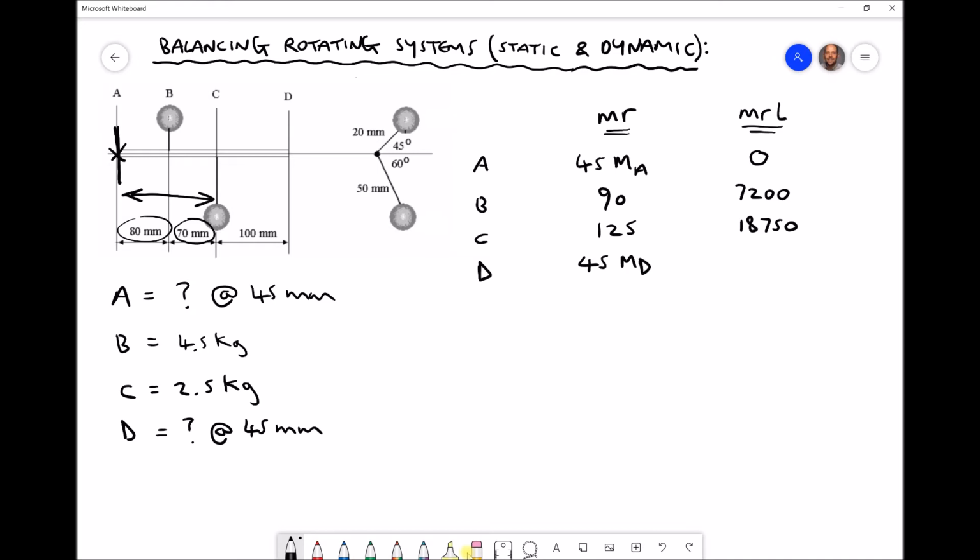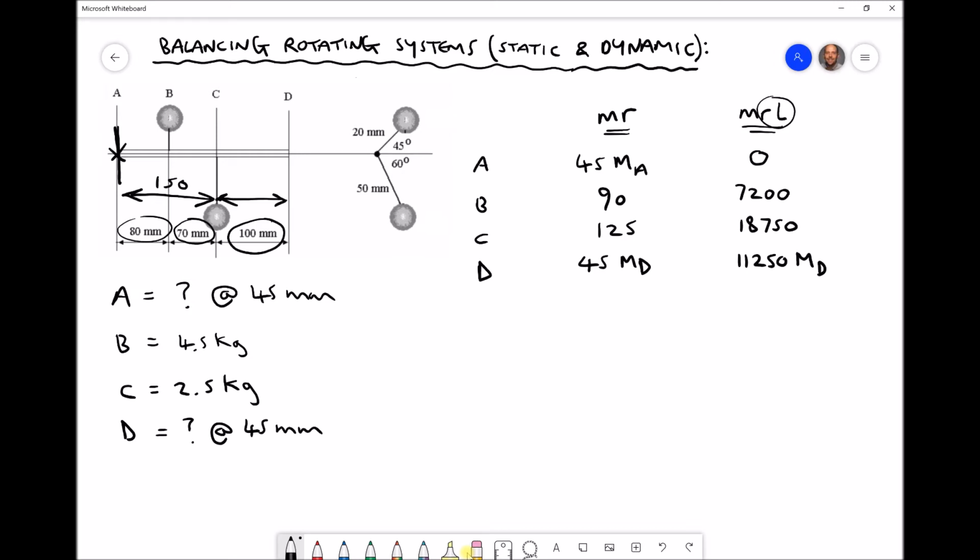Moving to the final column for mass D then, we can see that mass D is at a position of 250 millimeters from point A. We previously had 150 millimeters to mass C, and then we need to add on an additional 100 millimeters, giving us 250 millimeters in total. 250 times 45 then equals 11,250 MD. Note that 11,250 there is the radius times the length. We have M times R times L.